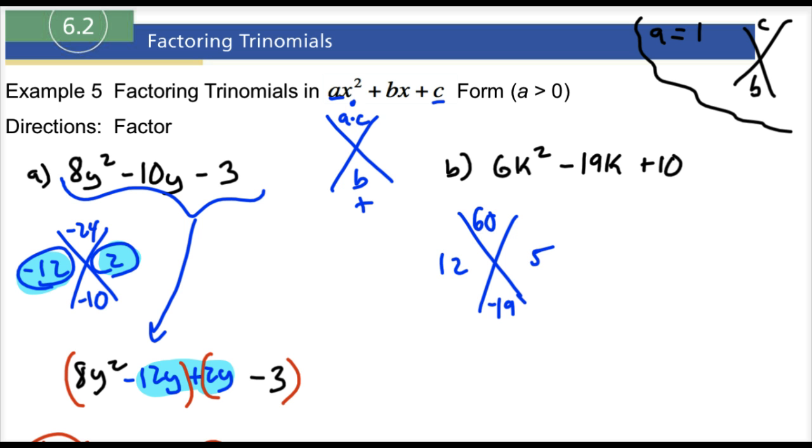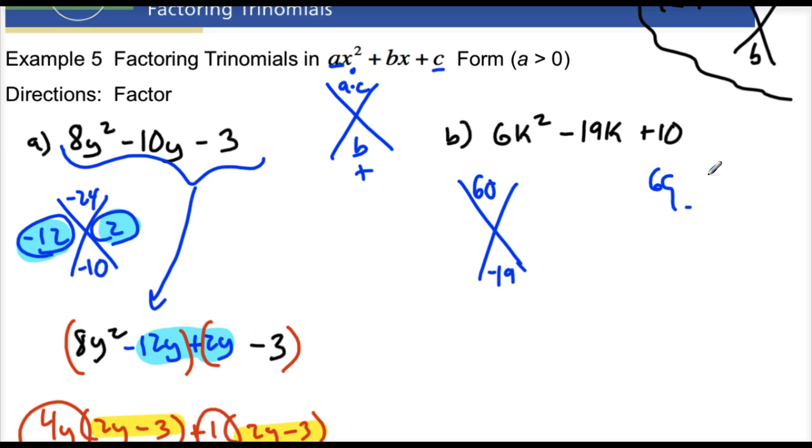No, it's not going to give it right there. So what you can do is we can do, say, 60 and 1. Let's see, 30 and 2. 3 and 20. That won't give us 19.